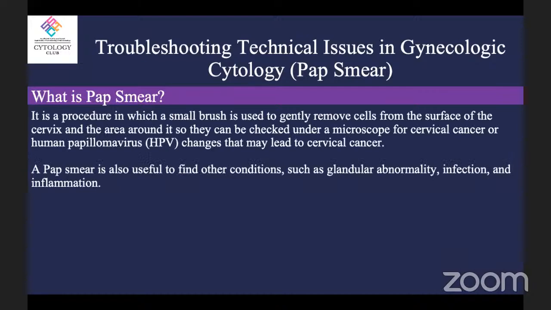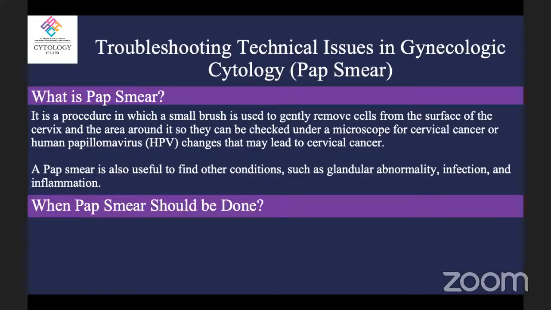It is a procedure in which a small brush is used to gently remove cells from the surface of the cervix and the area around it so they can be checked under a microscope for cervical cancer or human papillomavirus changes that may lead to cervical cancer. A Pap smear is also useful to find other conditions such as glandular abnormality, infection, and inflammation.